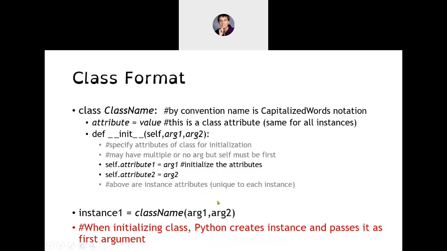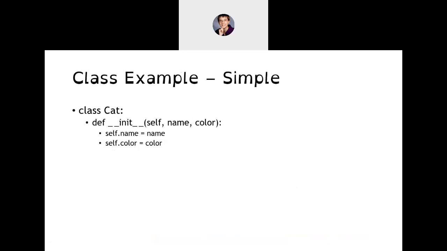Then if I want to actually create an instance of the class, I would give the class name, and then I would supply whatever arguments I need, and it's going to create an instance of that class and initialize it such that these arguments become the attributes of that class.